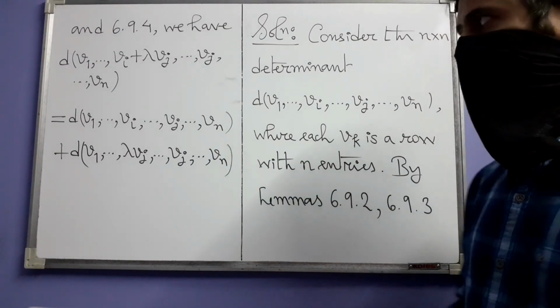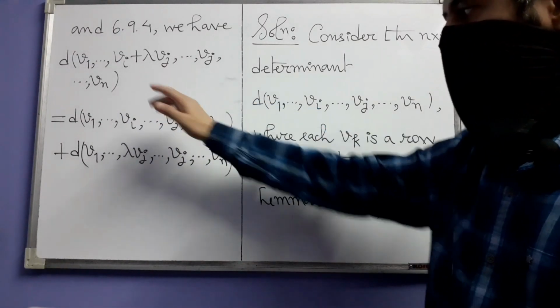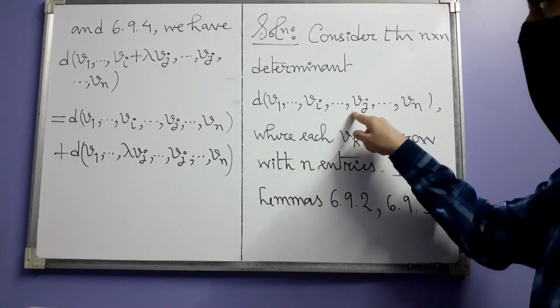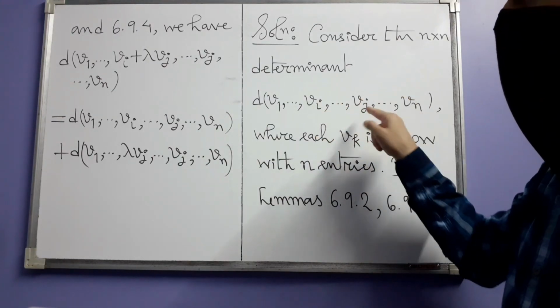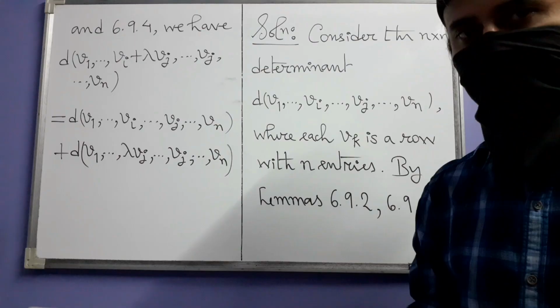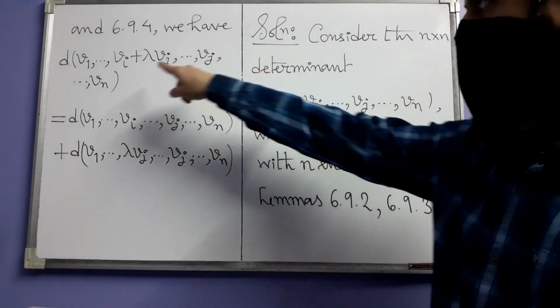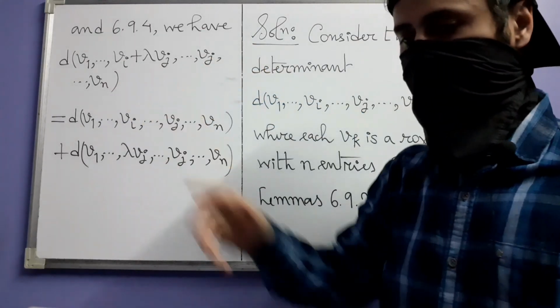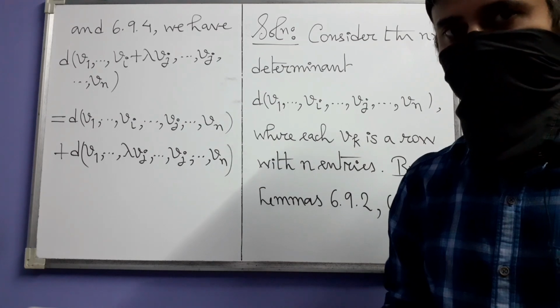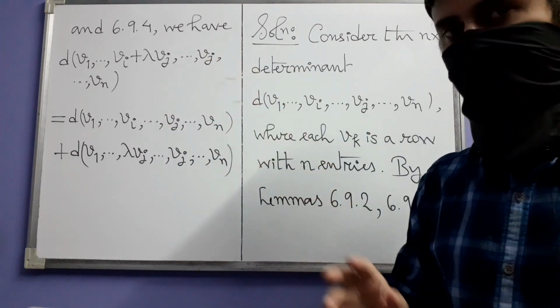So we do just that. We consider this determinant obtained from this one by adding lambda times the jth row, that is vj, to the ith row vi, obtaining this new ith row. Okay, the other rows are the same.